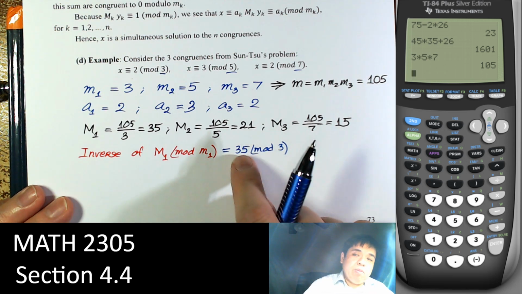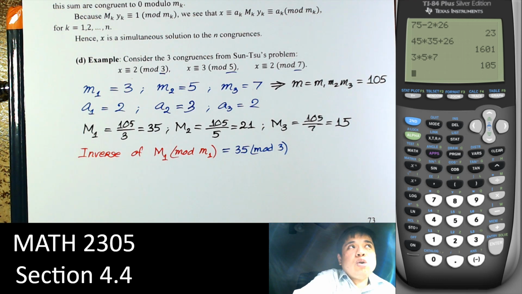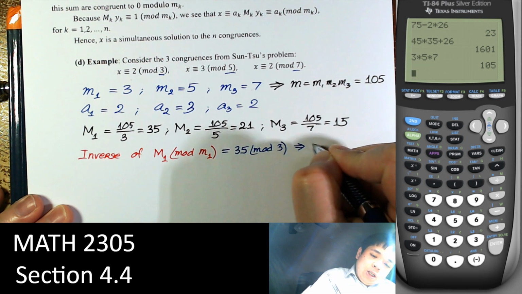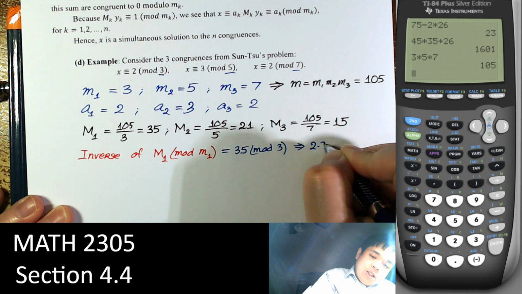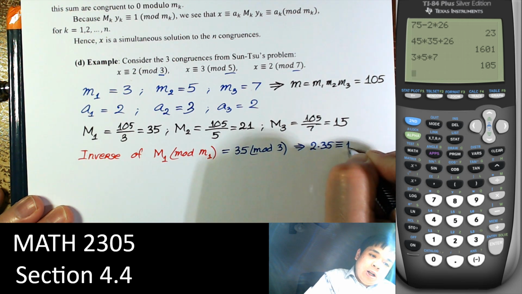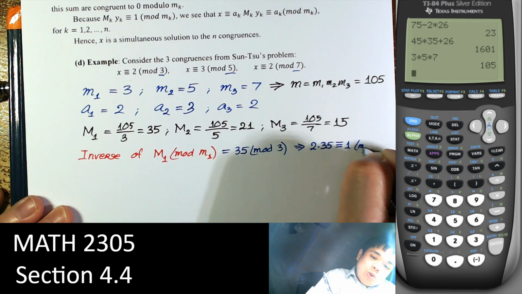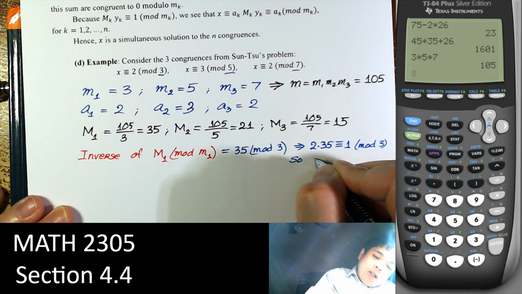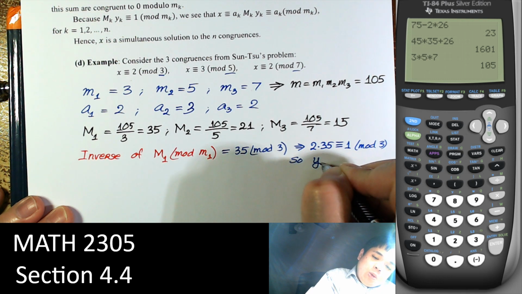We want the one congruent to 1. So 2 times 35 is 70, 70 divided by 3, remainder is 1. So 2 times 35, which is 70, is congruent to 1. That's why they're inverses, mod 3. So y1 is 2.